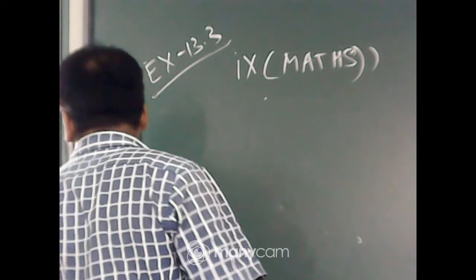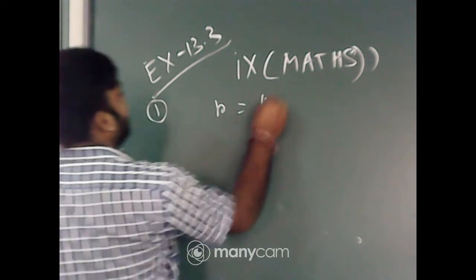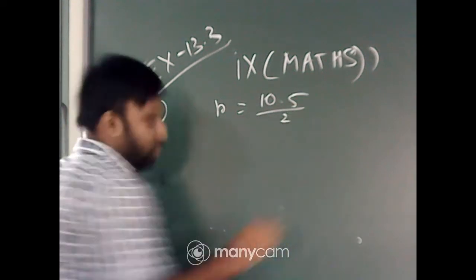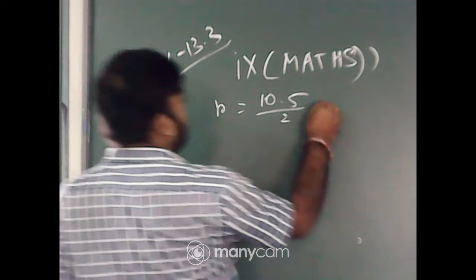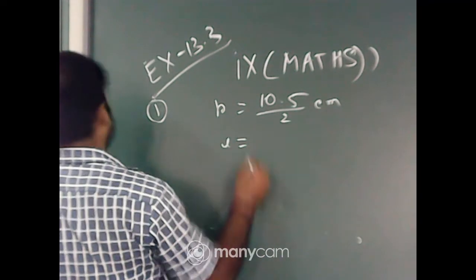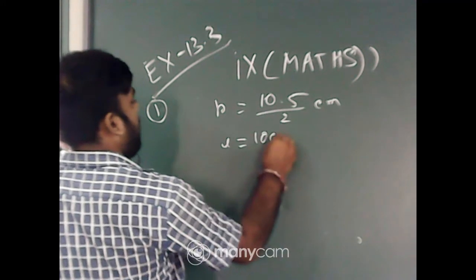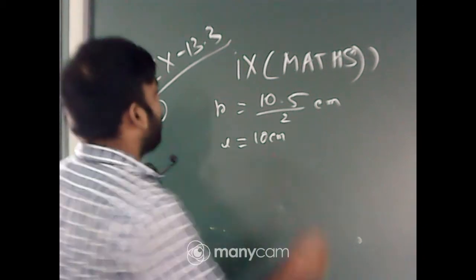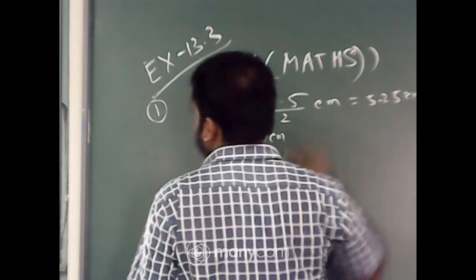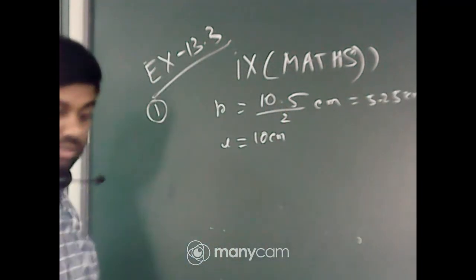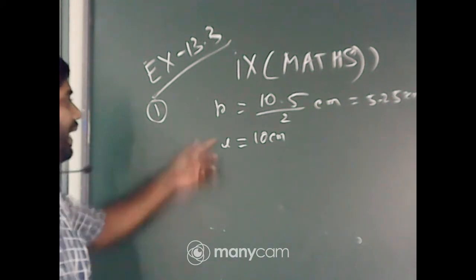So first of all, students, in question number 1, radius will be 10.5 by 2, and the slant height is given, that is 10 centimeter. 10.5 centimeter by 2 means 5.25 centimeter. That is the radius of the base of that cone, and L equals 10 centimeter.